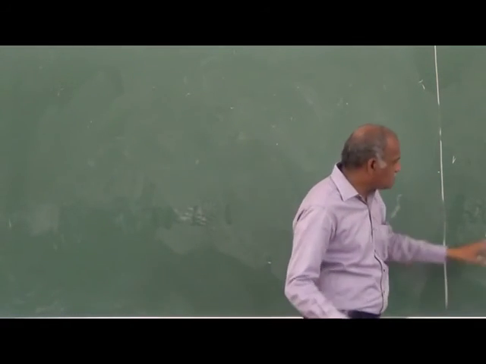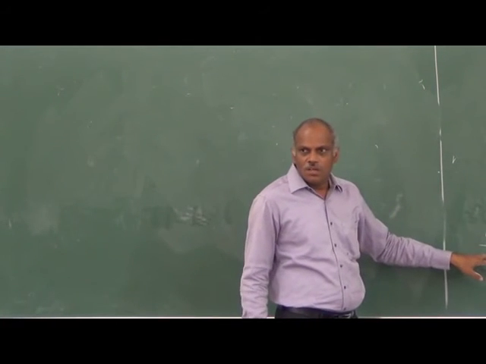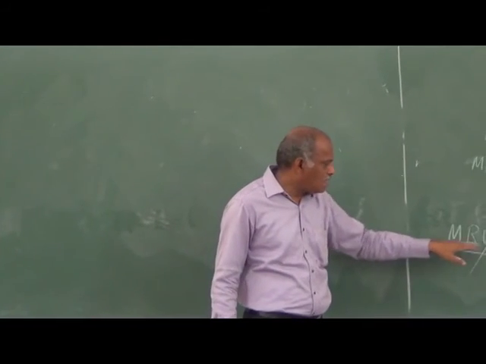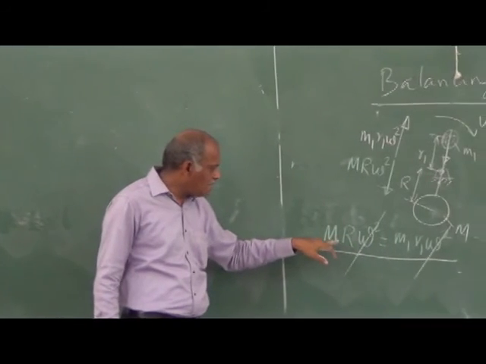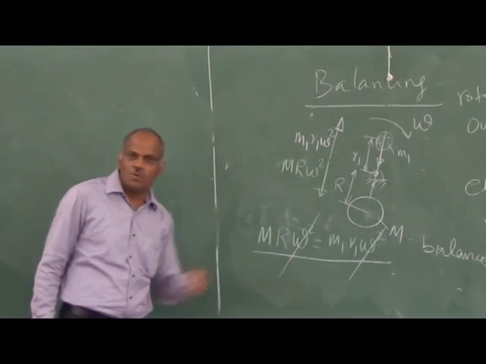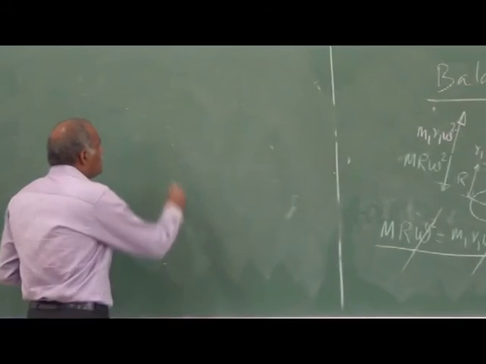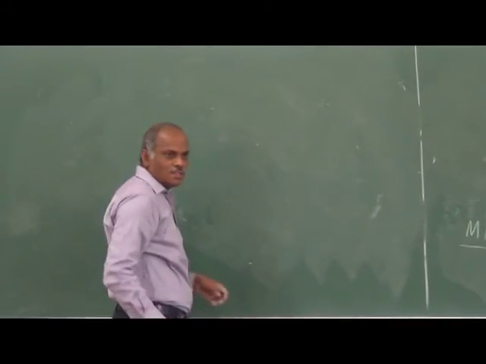Now by looking at it, for balancing, you can say M R is equal to M1 R1. Now you can draw a few inferences.